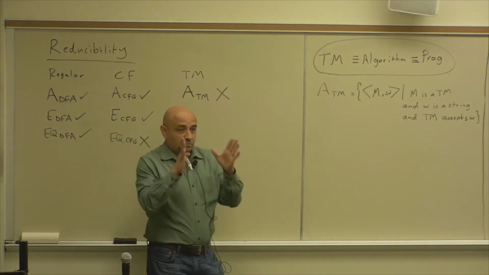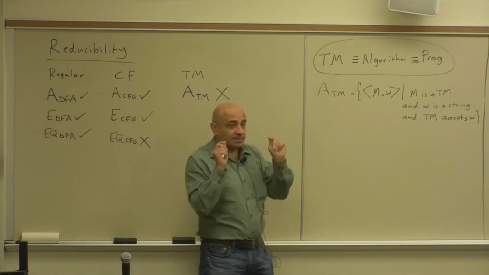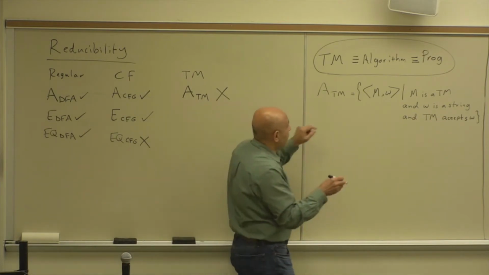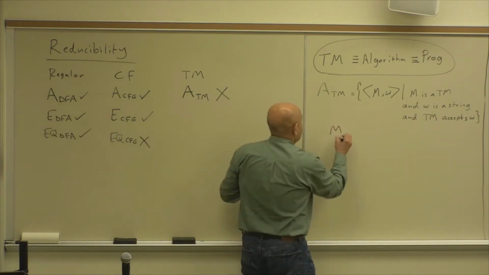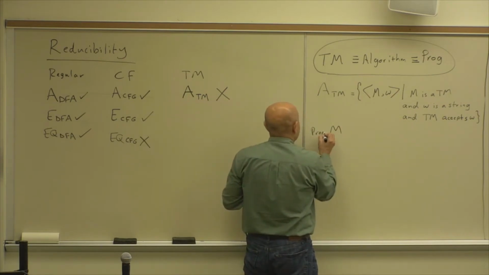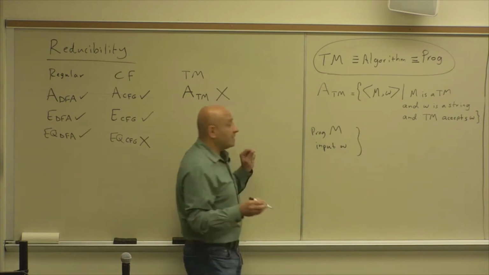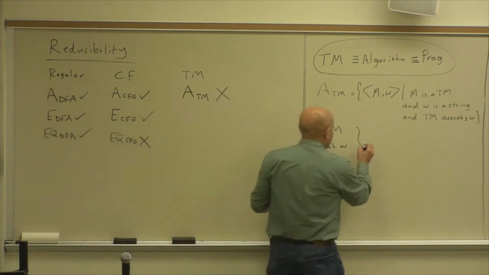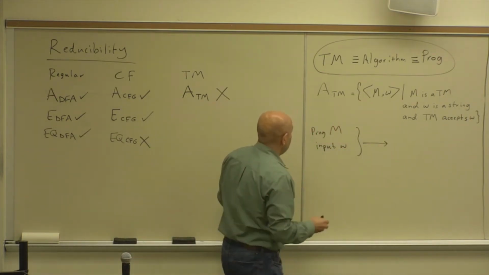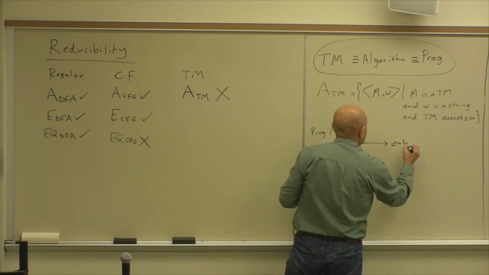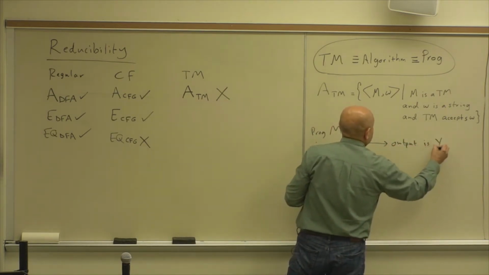So the objective is writing an analysis program that takes program M and input W and determines in finite time if the output of M on input W is yes.